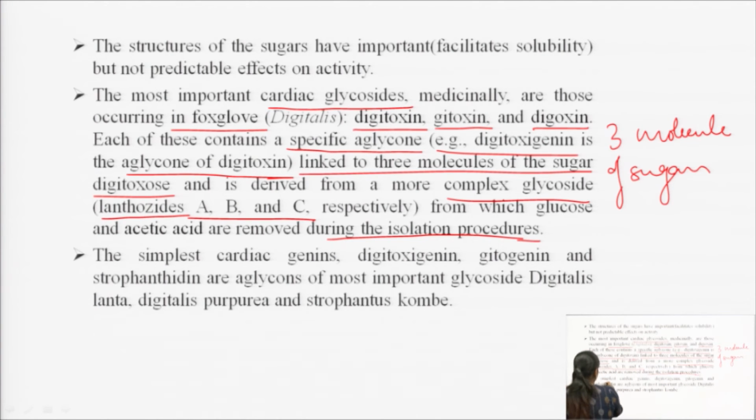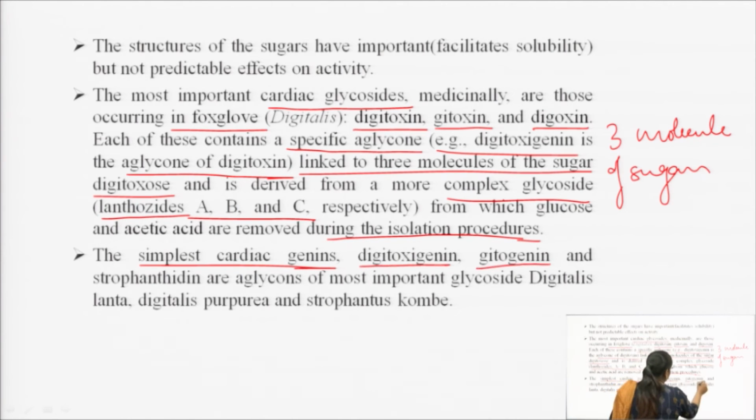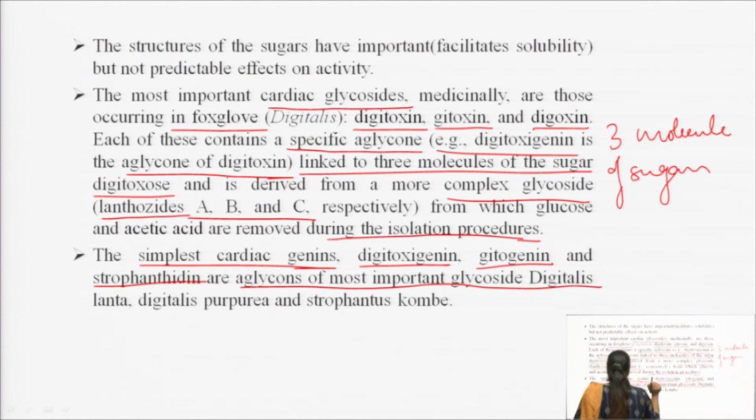Next are the simplest cardiac genins, that is digitoxigenin, gitoxigenin and strophanthidin. These are the aglycons of the most important glycosides, from Digitalis lanata, Digitalis purpurea and Strophanthus kombe.